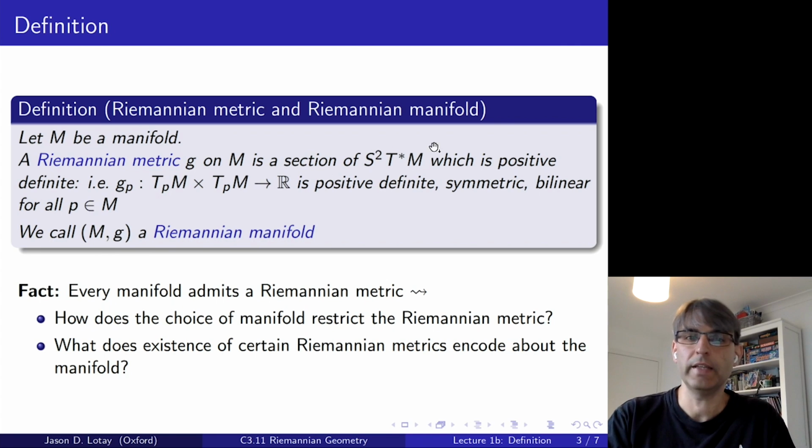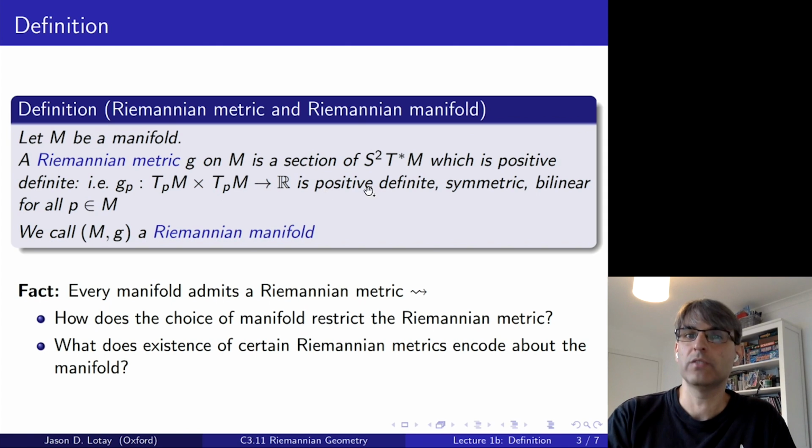And it's not just any section of this bundle, it is a positive definite section. What that means is that for every point p in the manifold M, we have a positive definite symmetric bilinear map. So it's a map from two copies of the tangent space to M at p, which we denote by T_pM, to R. Remember, these are real vector spaces because this is a real object, the manifold.